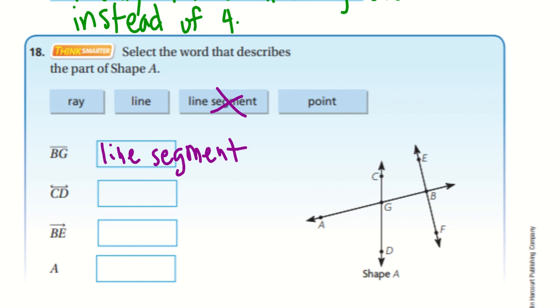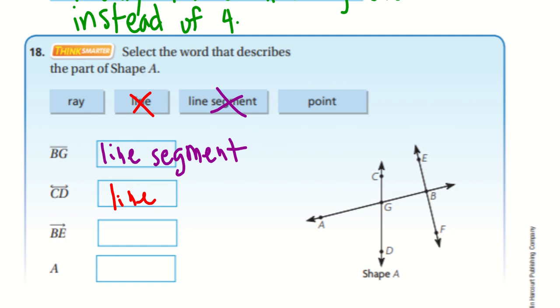The next one is CD. Well, C and D, and if you look up above, there's 2 arrows. If we're showing it continues on in both directions, then that is called a line. Continues on both directions forever. The next one is from B to E, so notice it started at an endpoint, okay, and then it continued.